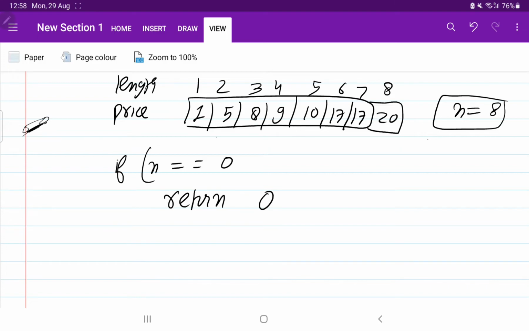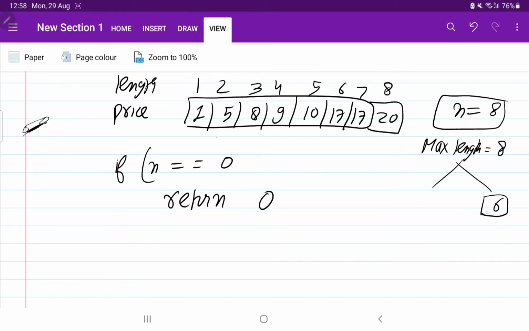And what is the maximum length of this rod? Maximum length of the rod is 8, right? Suppose if you choose that I want to break this rod in the size of 6.